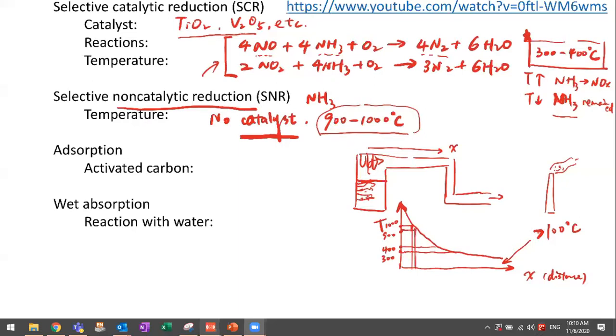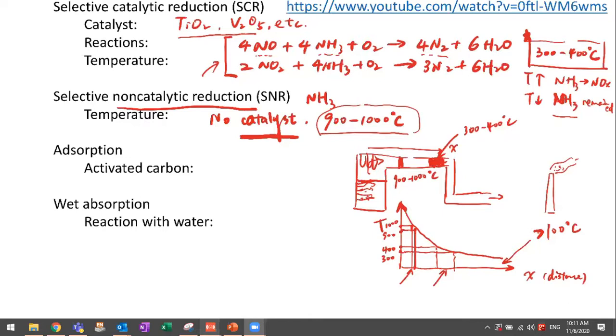Then let's also label the distance that each corresponds to. What this means is that the 300 to 400 Celsius window corresponds to a much longer distance compared to the 900 to 1000 Celsius window. Maybe this is the region where it's 900 to 1000, and this is the region corresponding to 300 to 400 Celsius.